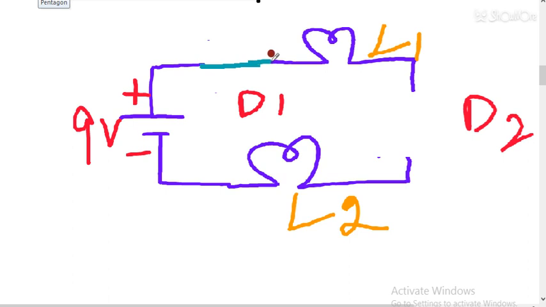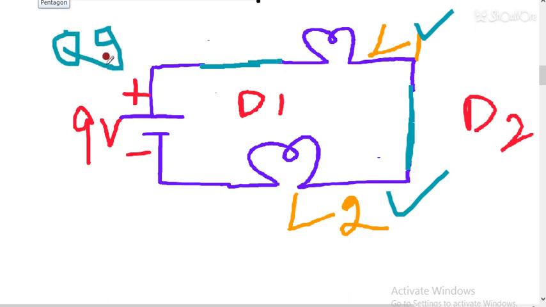Each will act as a closed switch. So L1 will glow and L2 will glow. So this is the modified diagram for question number 2.